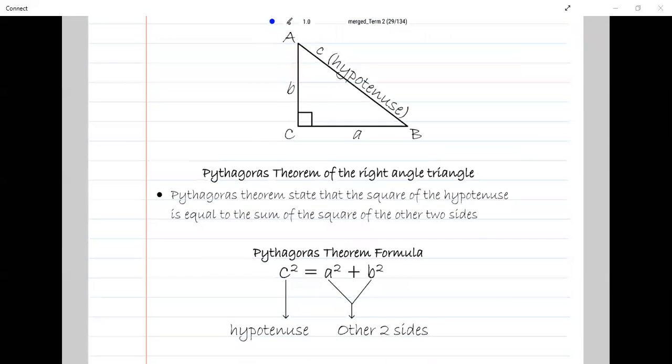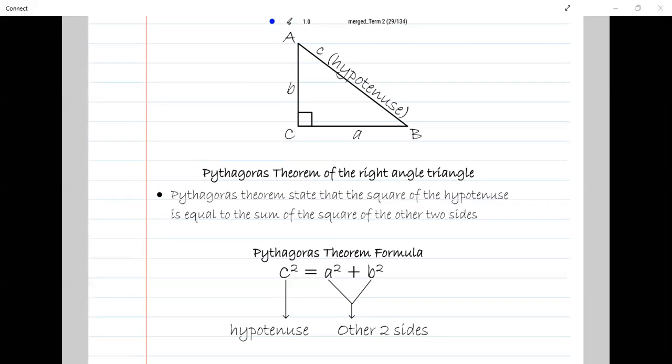All right, so let's talk about Pythagoras theorem of the right angle triangle. Now, Pythagoras theorem states that the square of the hypotenuse is equal to the sum of the squares of the other two sides. First of all, Pythagoras theorem applies specifically to the right angle triangle.